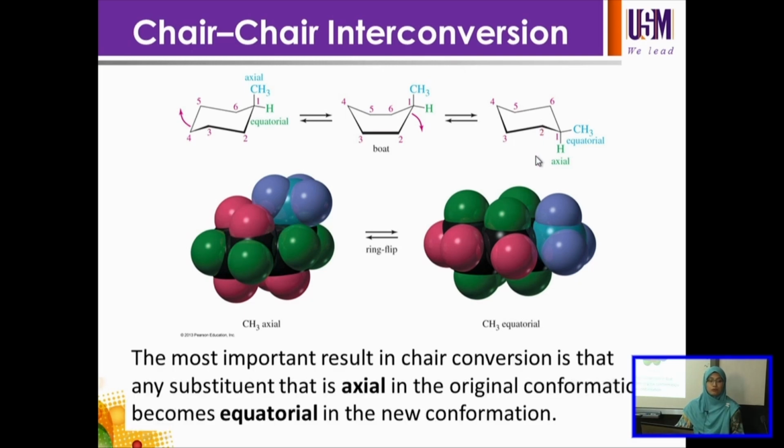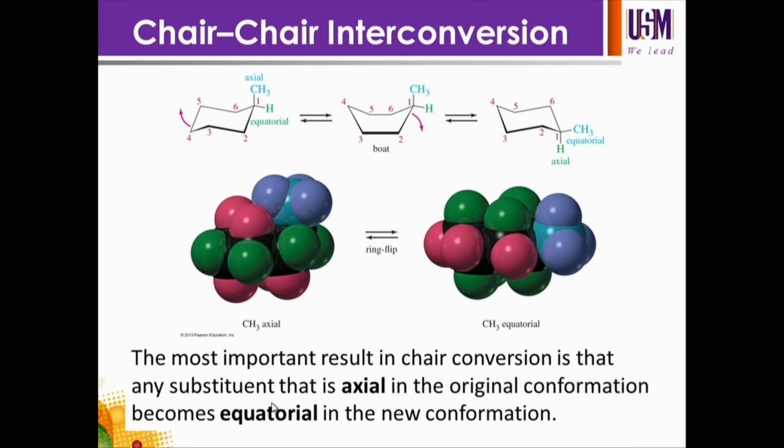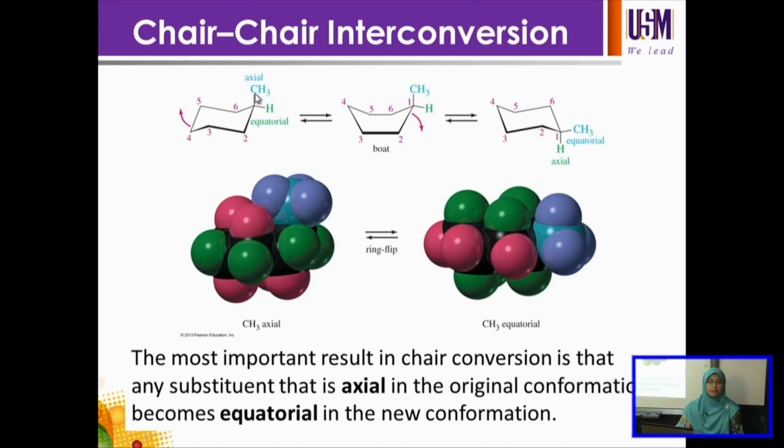The most important result in chair-to-chair conversion is that any substituent that is axial in the original conformation will become equatorial in the new conformation. In this example, in the first conformation, we have the methyl group in axial position. After it undergoes chair interconversion or ring flip, the methyl group will now be in equatorial position.